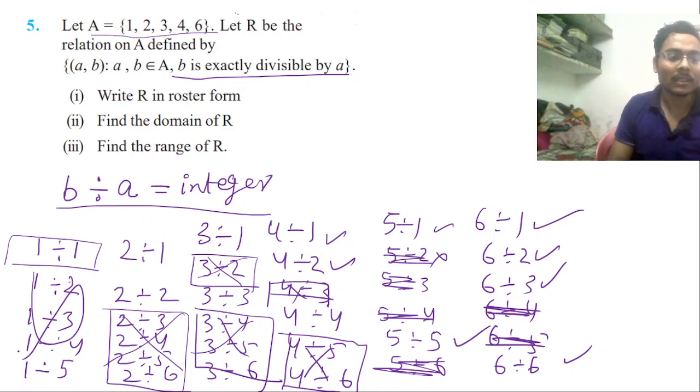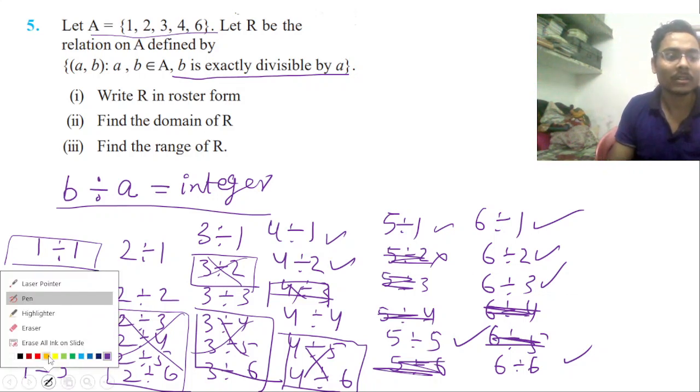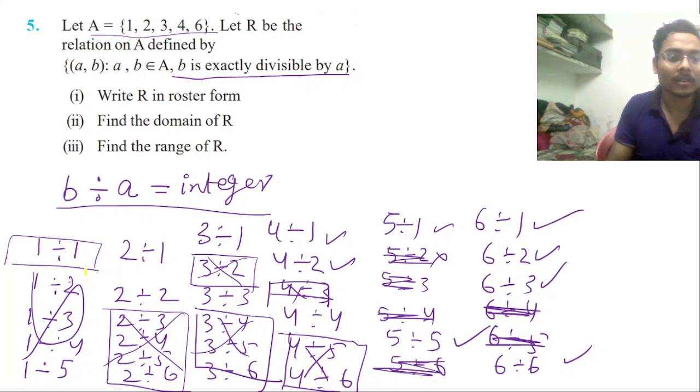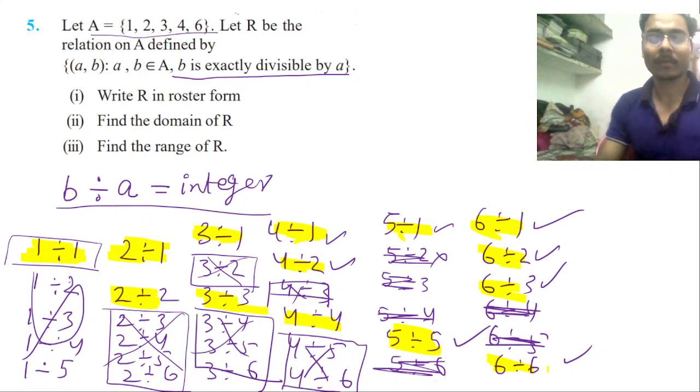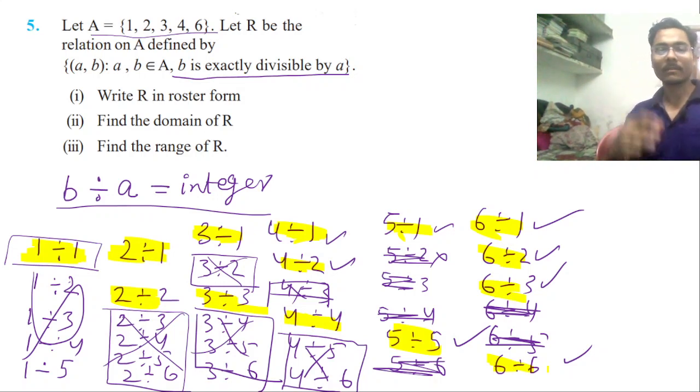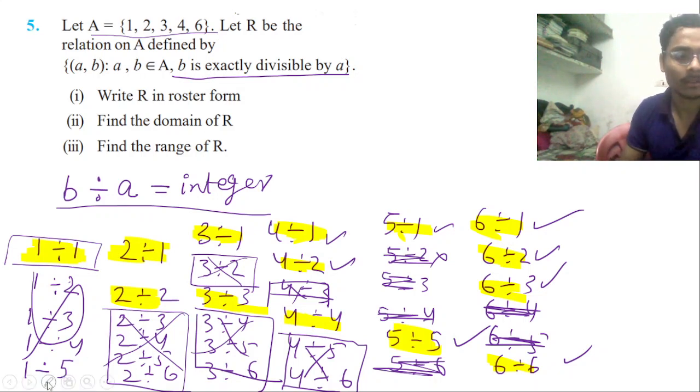So by dividing all the elements of B by the elements of A, we get 1 set, 2 set, 3 set, 4 set, 5 set, 6, 7, 8, 9, 10, 11, 12, 13, 14 relationship elements whose elements are exactly divisible by the elements of the first element.